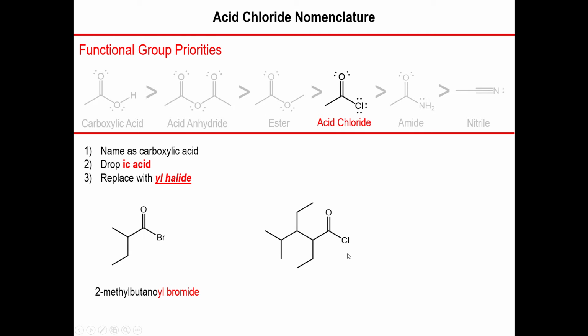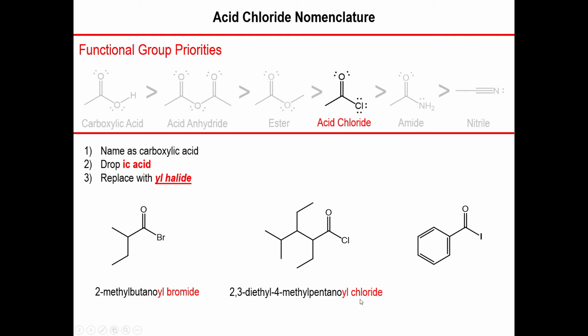And we have an ethyl, a second ethyl, and a methyl substituent. So 2 ethyls, 1 methyl. So this will be known as 2,3-diethyl-4-methylpentanoic acid to start off, right? And then we acknowledge that it's actually a chloro that we have here, not a hydroxyl. So we drop the ic acid and we go with acyl chloride. So this is now 2,3-diethyl-4-methylpentanoyl chloride.